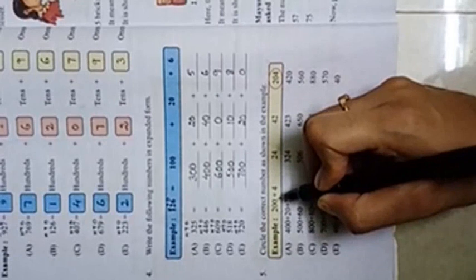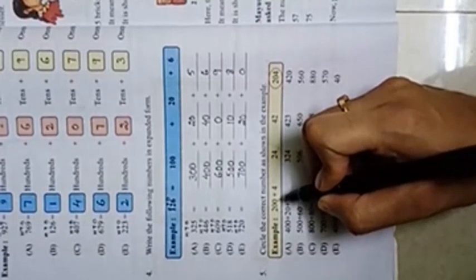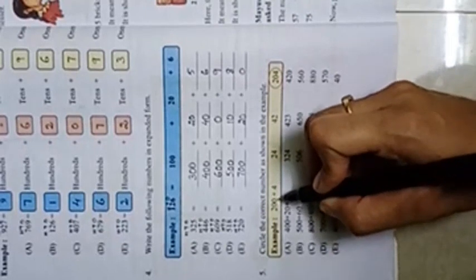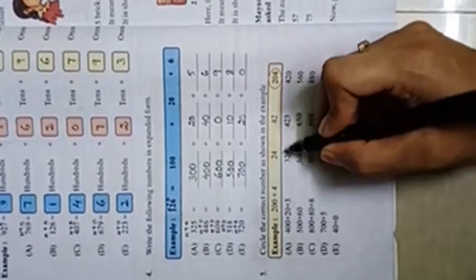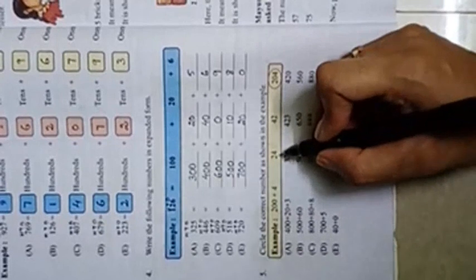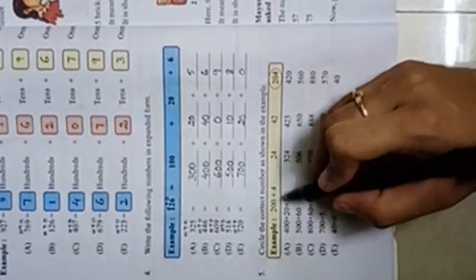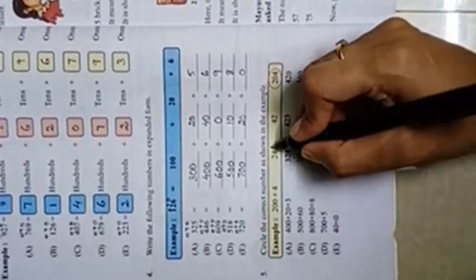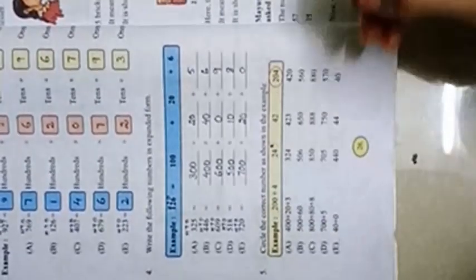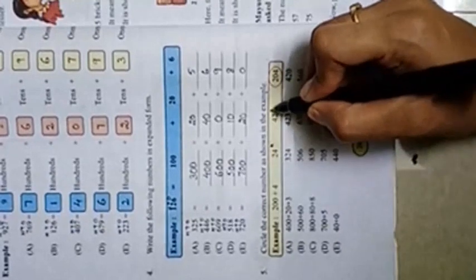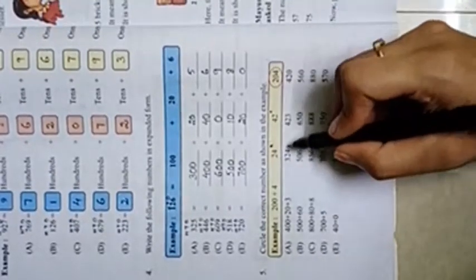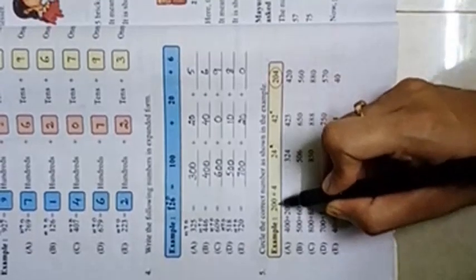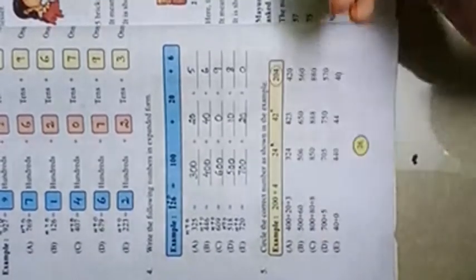Then what will you get? Which number will form? 200 plus 4 is 204. So where is 204 here? This is 24. When you add a 3-digit number with a single digit, you will not get a 2-digit number. No, this is the wrong answer. And this is also a 2-digit number. We can't do anything with these two numbers, because when you add a 1-digit number to a 3-digit number, you get a 3-digit number in the result.